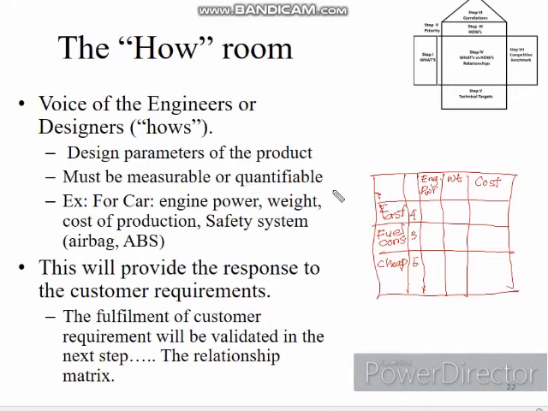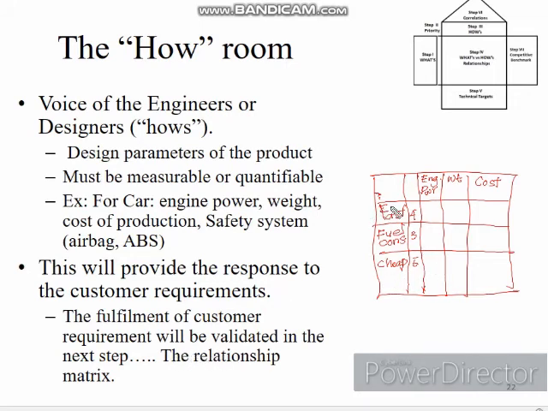For example, for a car, engine power in horsepower, the weight of the car, the manufacturing cost, maybe the safety system, and so on. This will provide a response to the customer requirement. We're going to check the fulfillment of the customer requirement in the next step, where we look at the relationship matrix.